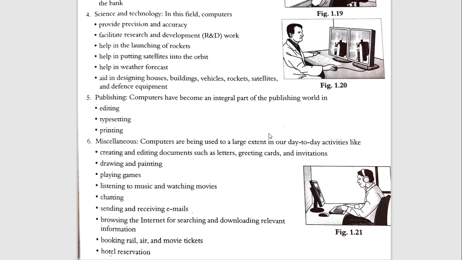All the scientists use this because the computer does the work diligently and in an accurate manner. Weather forecasting, buildings, construction, vehicles, rockets, satellites, everywhere computers are there. Then we have publishing, the books which get printed, the editing, the printing, everywhere computers are there.